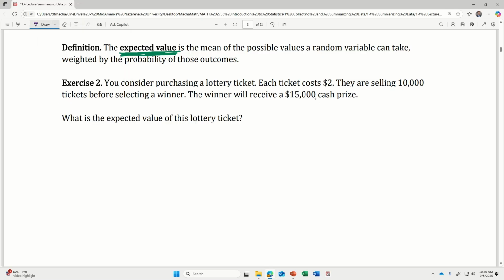And there's 2 possible outcomes this time. The 2 possible outcomes is we either win or we lose. Now, if we win, we get $15,000.